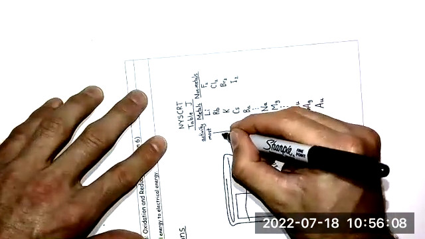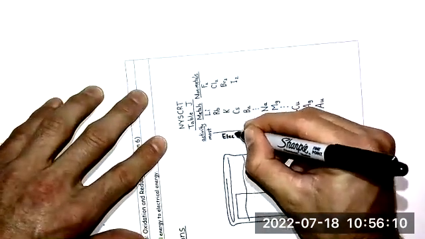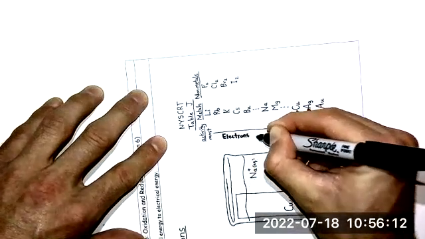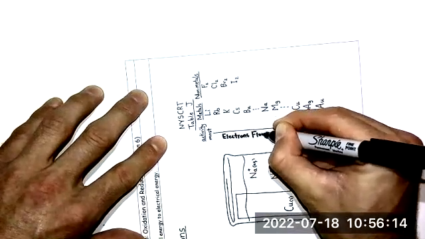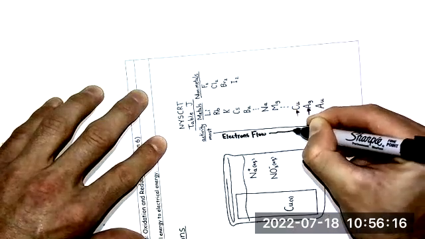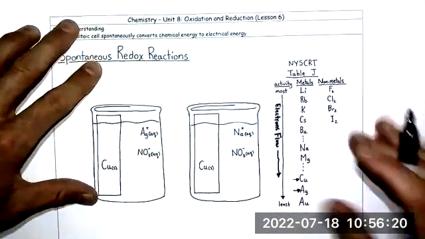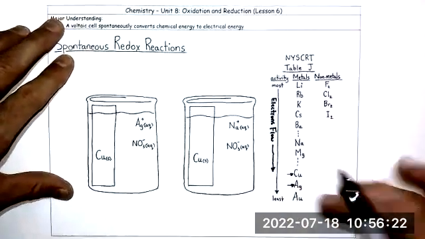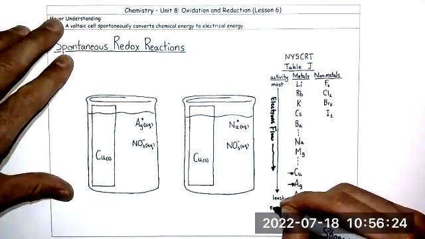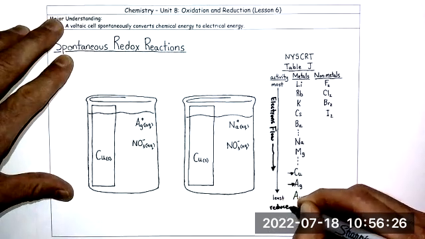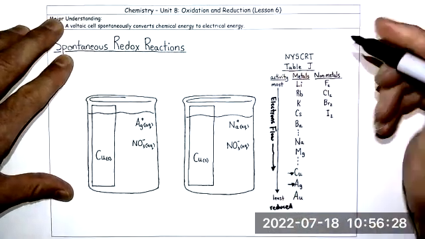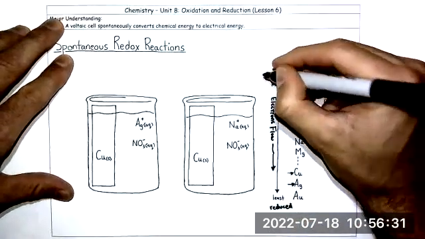So electrons flow down table J spontaneously. Okay, so spontaneously, things at the bottom of the table will most likely be reduced, and more active metals will be oxidized.